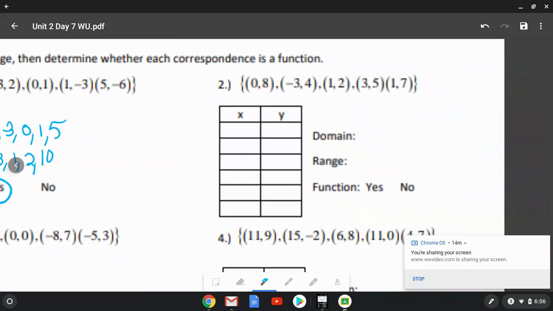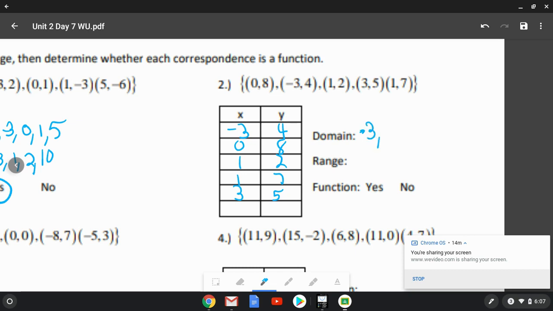So I'm going to write them in numerical order for my x. -3, 4, 0, 8, 1, 2, 1, 7, and then 3, 5. All right, so let's take a look here. My domain are all of my x values in order.